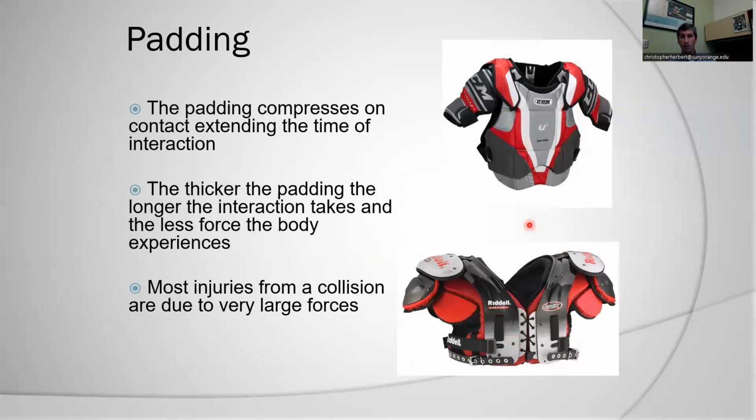So again, the whole idea of padding is to increase the time of the interaction, and where we have vulnerable parts of the body, maybe the chest, maybe the shoulders, which is a floating joint, create this hard surface that can spread the force over a larger area.